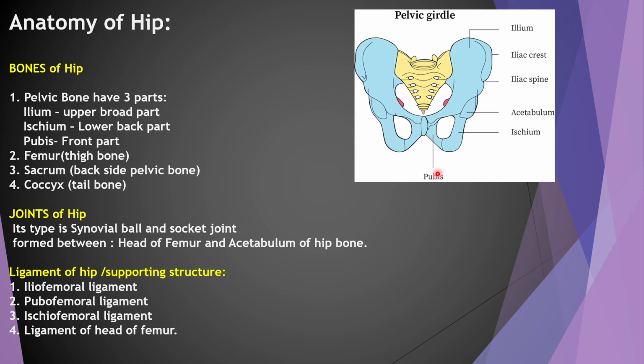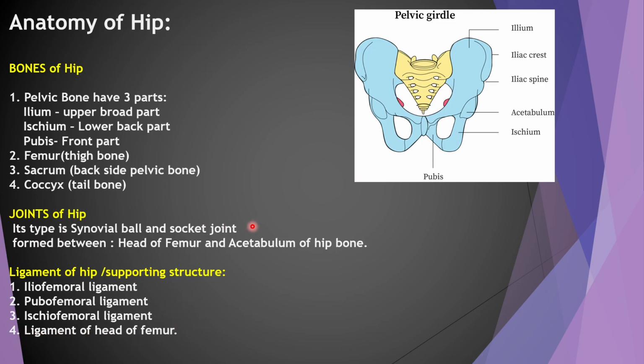The pubis is the front part, the ischium is the lower back part, and the ilium is the upper broad part. The others are the sacrum and the coccyx, the tailbone. The joint of the hip is a synovial ball and socket joint formed between the head of the femur and the acetabulum of the hip bone. The ligaments supporting the hip are the iliofemoral, pubofemoral, ischiofemoral, and the ligament of the head of the femur.